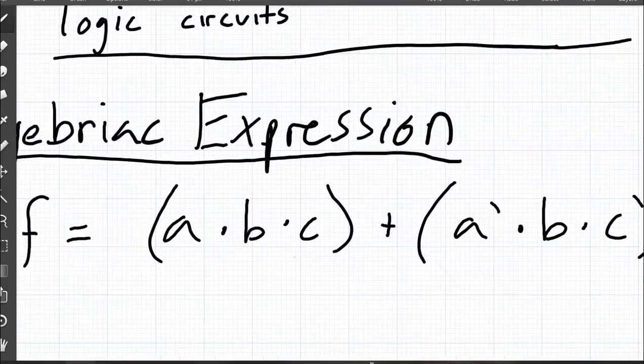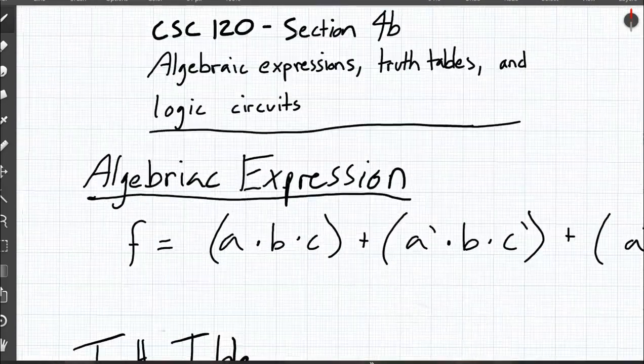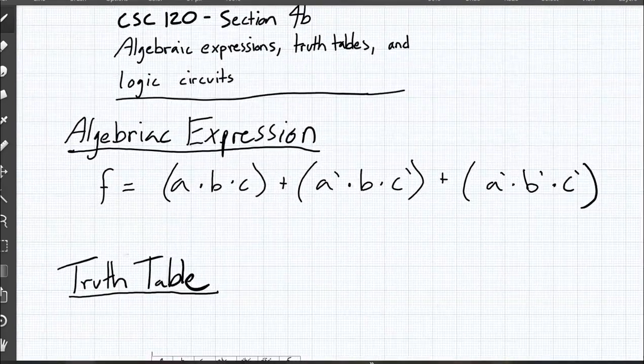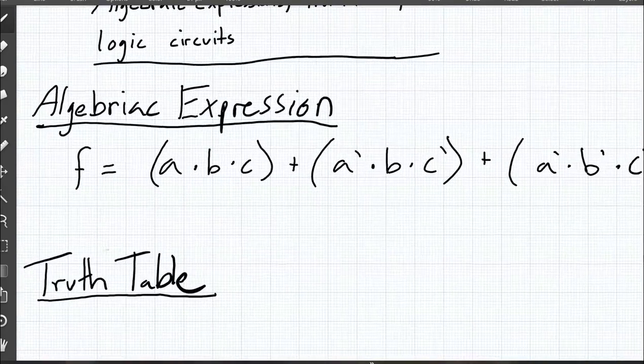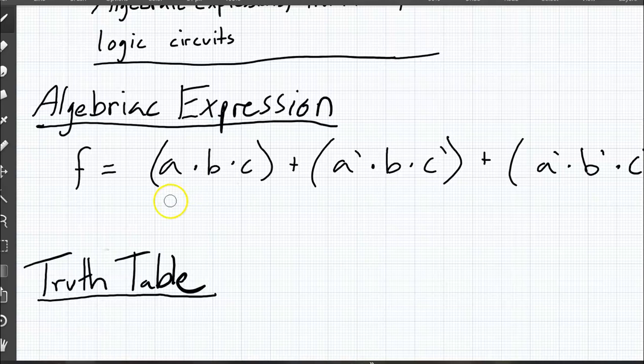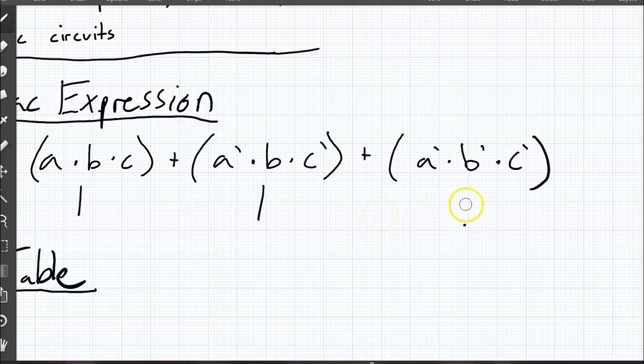So first I wrote out this algebraic expression here, and what this is saying is that on your truth table you're going to be looking for what outputs to the true statement, or 1. So you're looking for where this equals 1 and this equals 1.